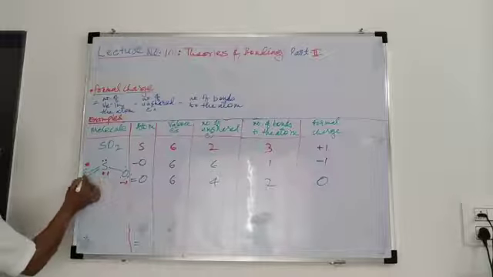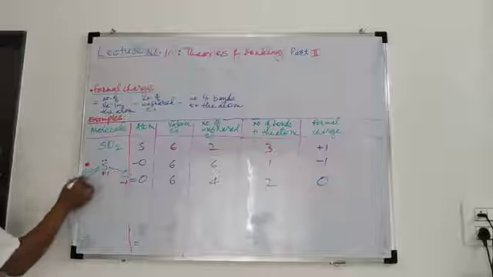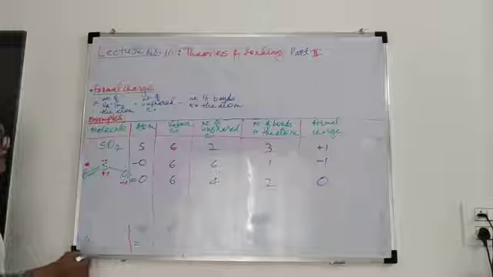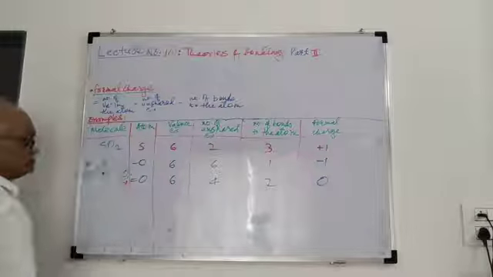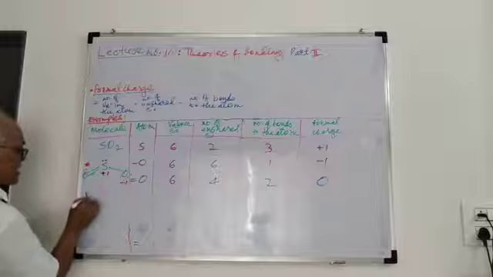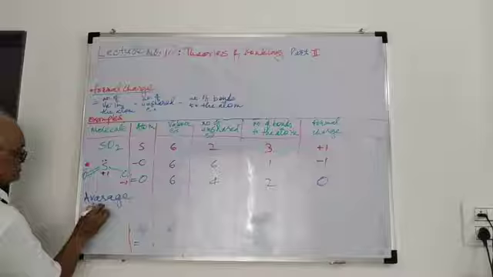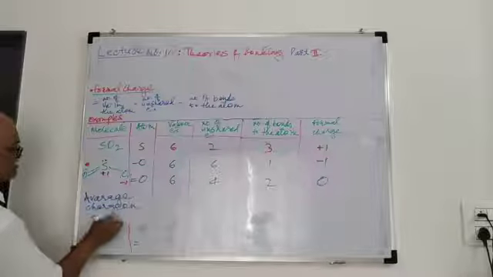We have only taken this double bond to this side, this single bond to this side. Structure is same, so the environment around the sulfur is same. So the plus 1 charge remains the same. So this is called the average charge on sulfur, which is plus 1.